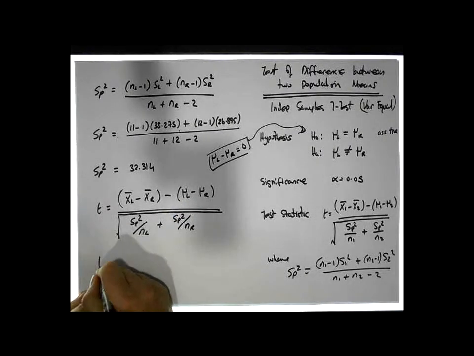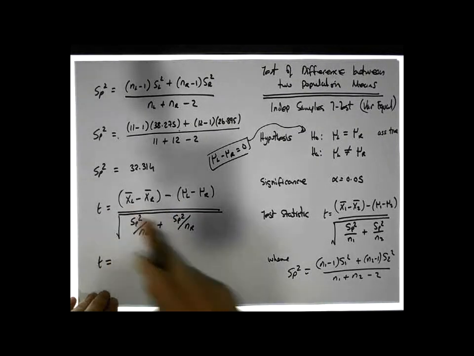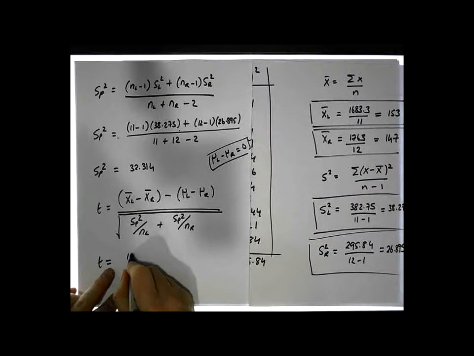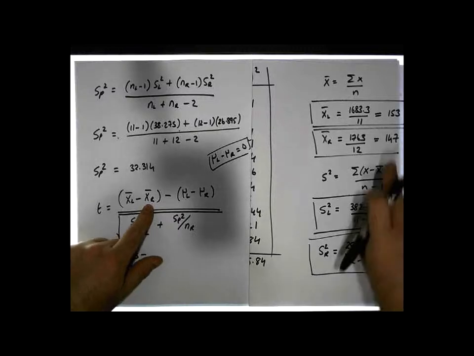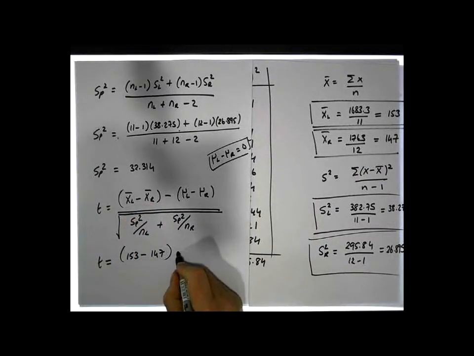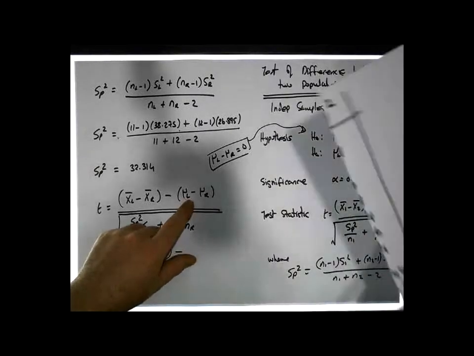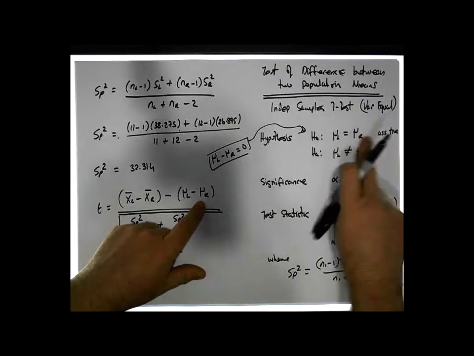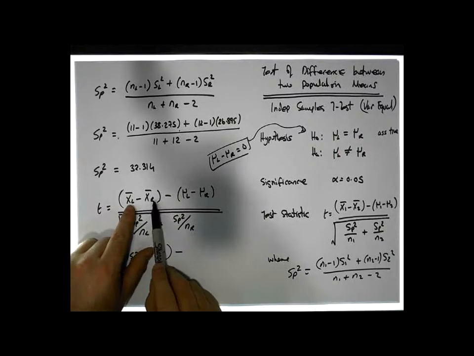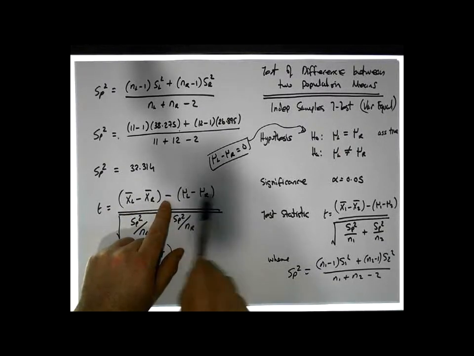So the test statistic now becomes t equal to the left-handers' mean, which is 153, minus the right-handers' mean, which is 147, minus mu of L minus mu of R, which is the null position. This test statistic is testing how far the two samples are away from each other relative to the null position that we're assuming to be true.